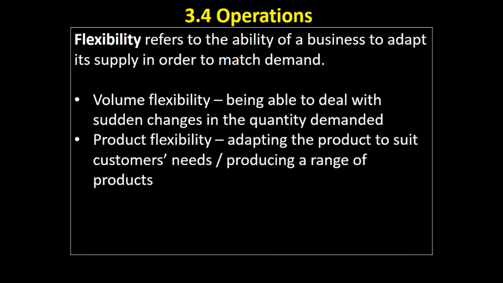Will a business have product flexibility, i.e. is there any scope to individualise or personalise a particular product to meet an individual customer's needs, or maybe we're producing a pink version, a green version and a red version of the same product but slightly different, so that we have some flexibility there in our product.